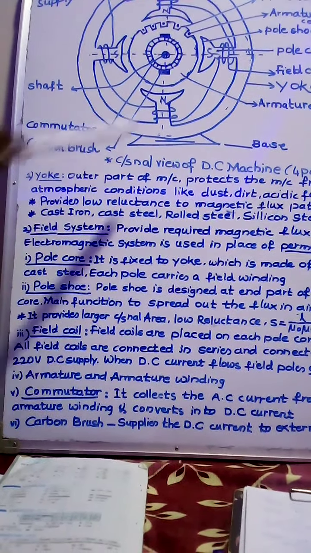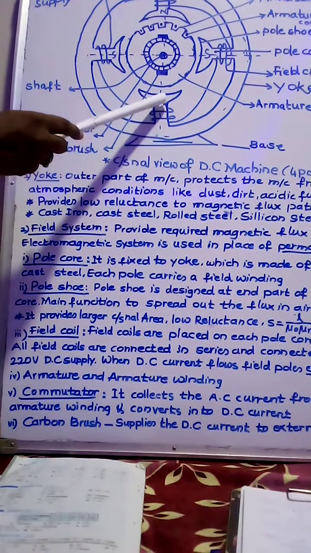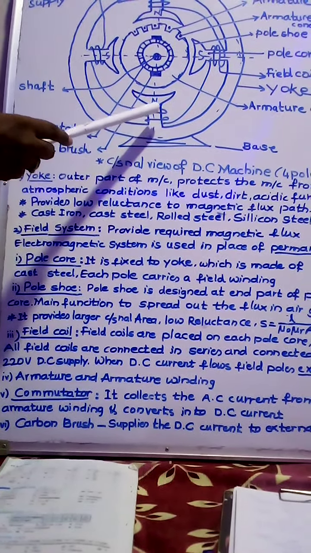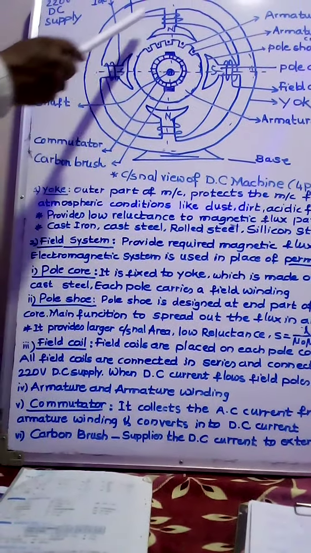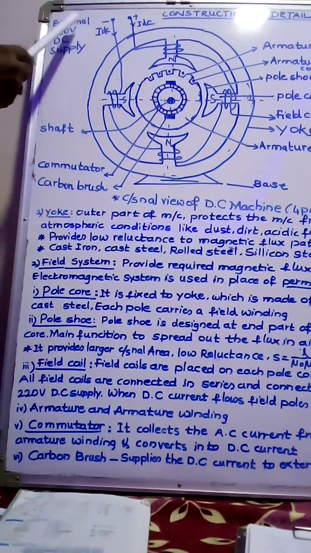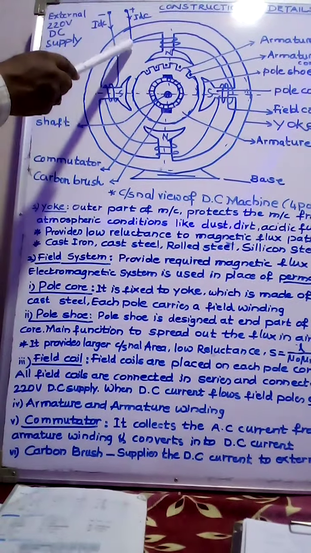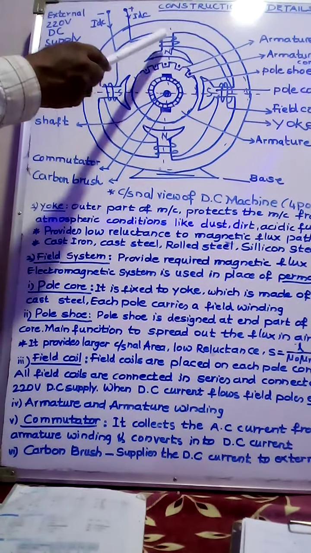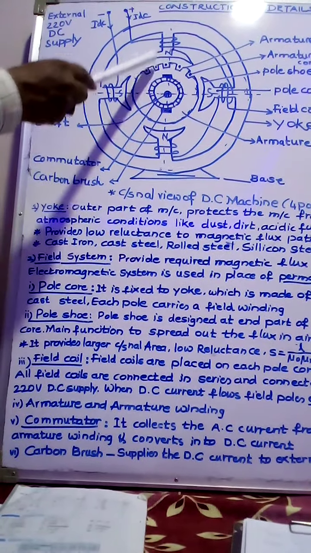Next, we go to the field coil. Each pole core carries a field coil. It is also referred to as field winding. All field windings are connected in series and finally connected to an external DC supply of 220 volts. When DC current flows through the field winding, the magnetic poles are excited.